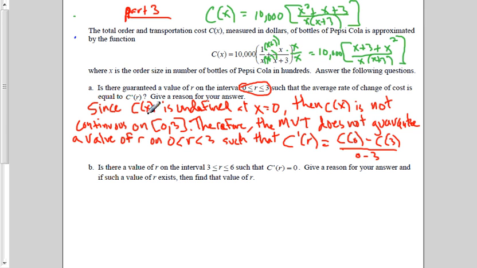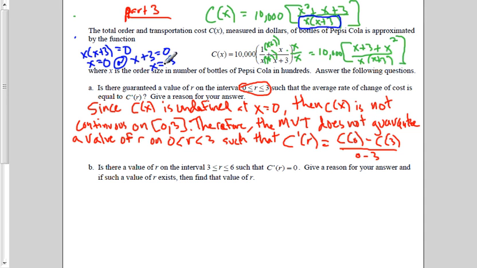Since the function is undefined at x equals 0, and how did I do that? I found out where the original function is undefined, which is when the denominator equals 0. So I looked at when x times x plus 3 equals 0, and I know x equals 0 or x plus 3 equals 0. One of those factors has to equal 0.